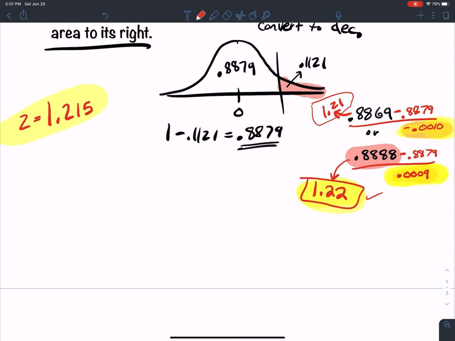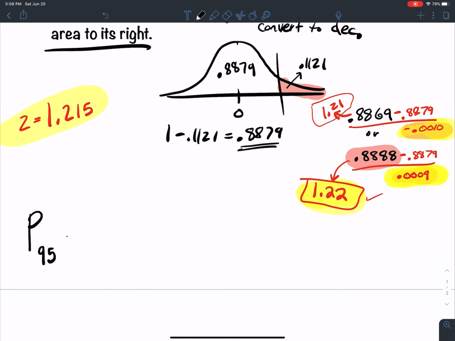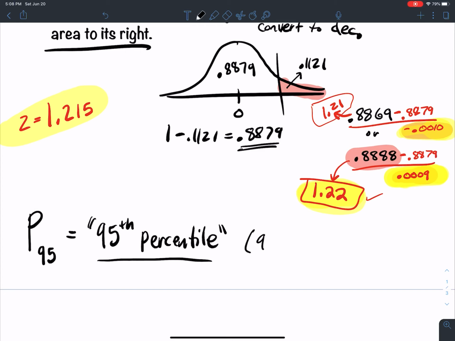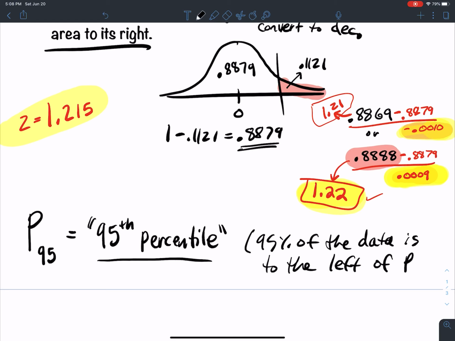All right? Now, once again, I keep stressing this because it's so important, but this P subscript 95 stands for 95th percentile. I cannot tell you how many times we use this, all right? This means that 95% of the data is to the left of P95. Okay?